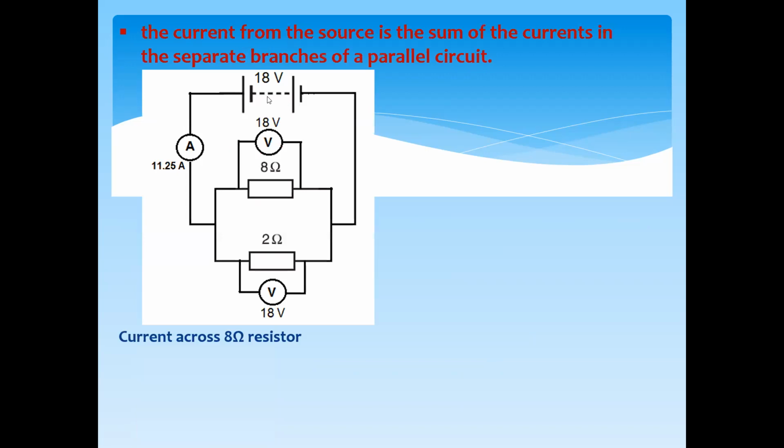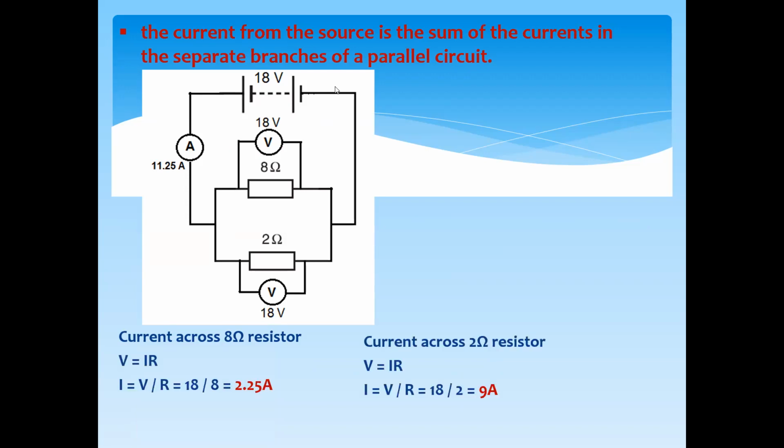But what about the current? How do we get the total current of the circuit and how do we know the current through each? We know the voltage across each is 18 and we know its resistance is 8.